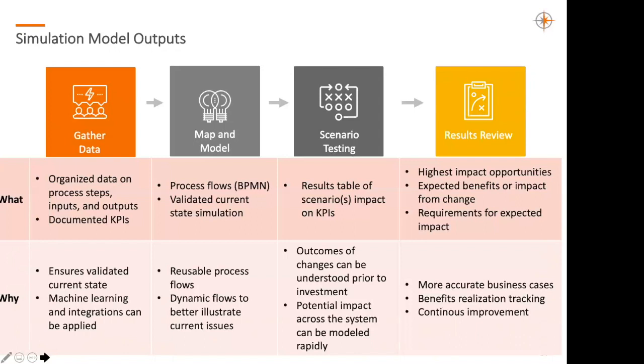From there, you can identify the highest impact opportunities within whatever system or process you're modeling, and really map out the expected benefits and impacts from the changes you want to make. And this is really useful for benefits realization tracking down the line, as well as developing more solid business cases and understanding the improvements you're intending to get prior to making the investment.